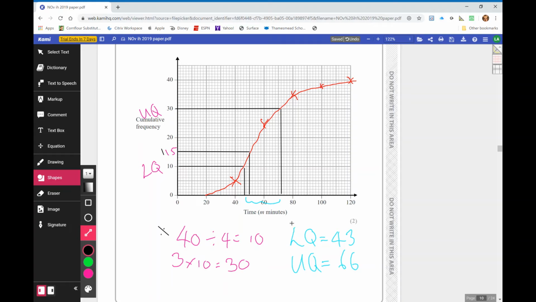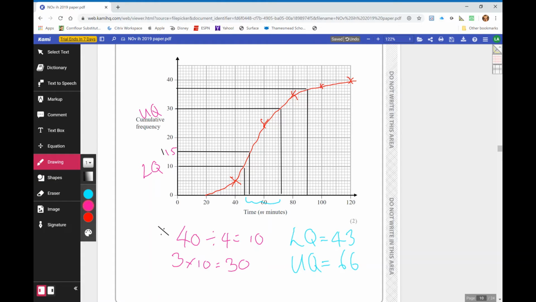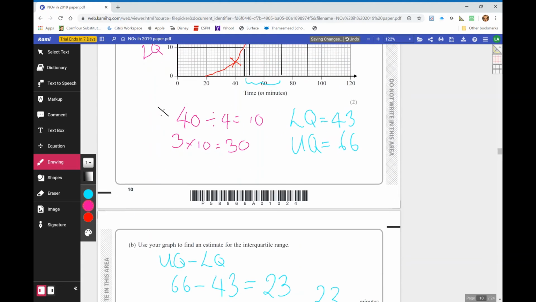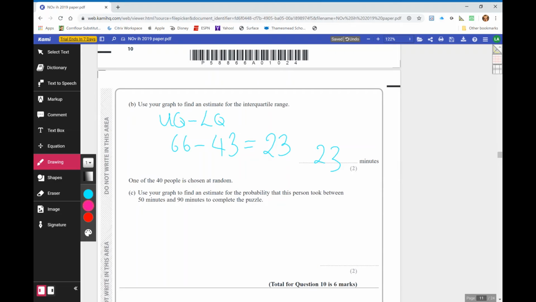Again, get your line. 90 minutes goes up to that, and then from there all the way along, and that's about 35, 37. So it's about 37. So between here and here, 37 and 15 is your range of how many people, that's frequency.